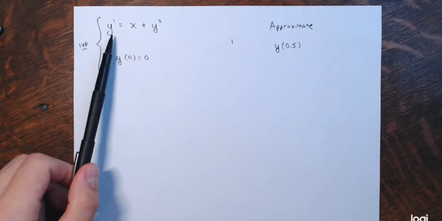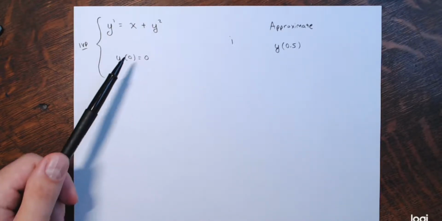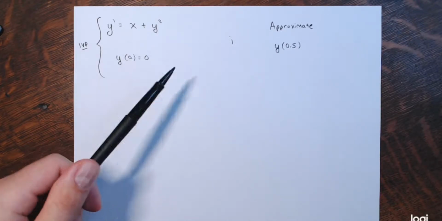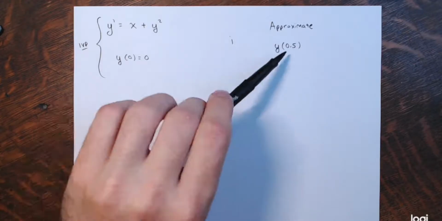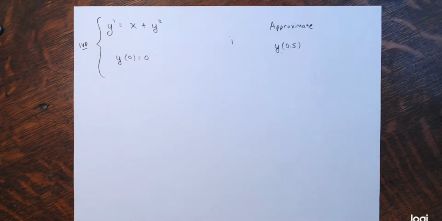And this is a nonlinear differential equation in y, but again, I don't really have a method of solving that. So here's one where I don't know the exact solution curve, but still we can start at our initial point 0, 0, and through the use of the Runge-Kutta method, approximate the value of the solution curve at x equals 0.5.